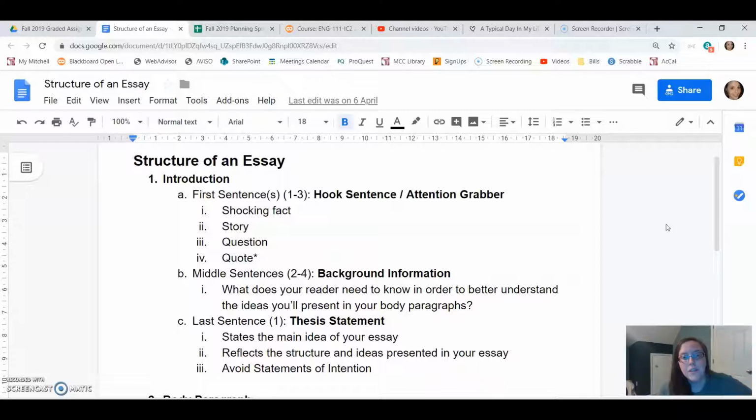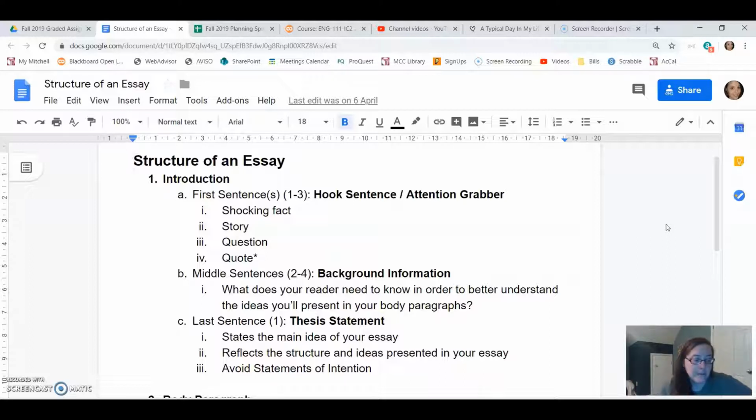All right, so the next part of the introduction that's really important is background information. Even if your hook sentence or attention grabber is multiple sentences, you want to have something in between your hook and your thesis statement. The key question that you can ask yourself is, what does my reader need to know right now in order to better understand the ideas that I'll present in my body paragraphs?